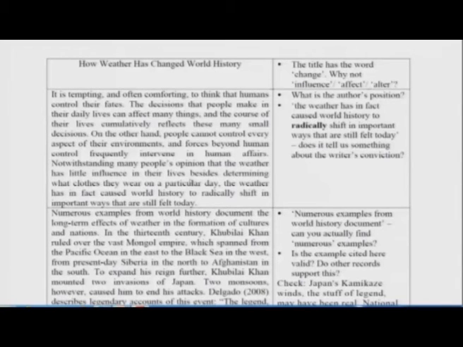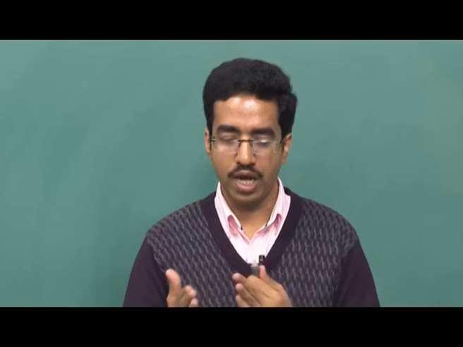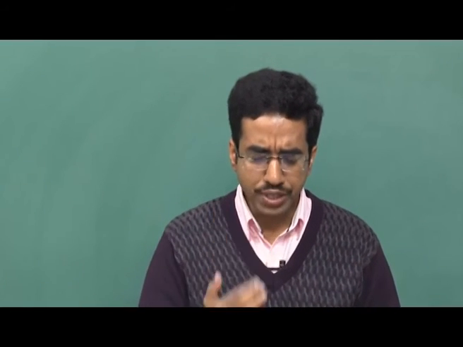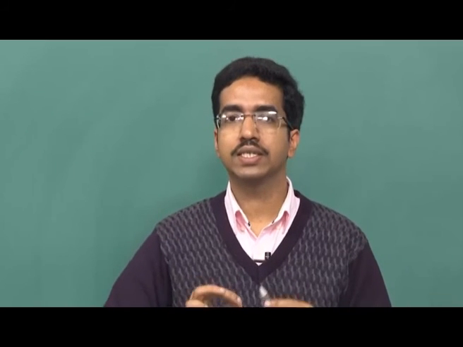So, what is the significance of the title and many other things we asked ourselves. Now, when we are reading the text critically, we ask questions about the validity of the examples and the strength of the argument. So, let us start.